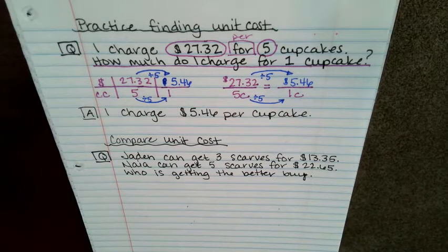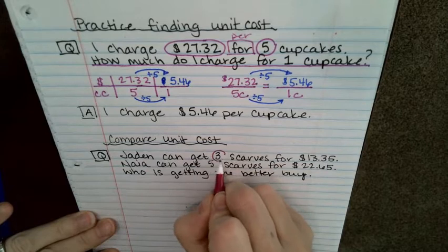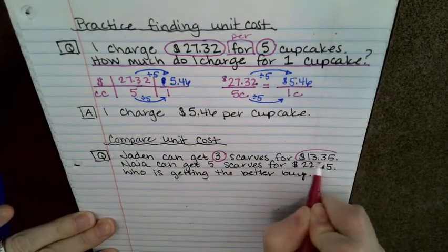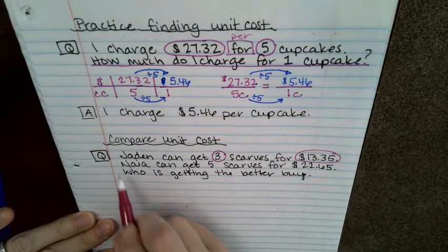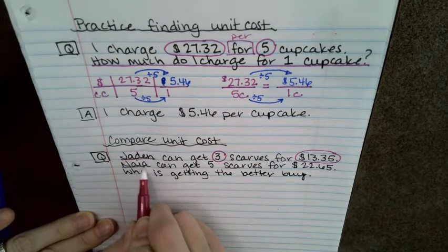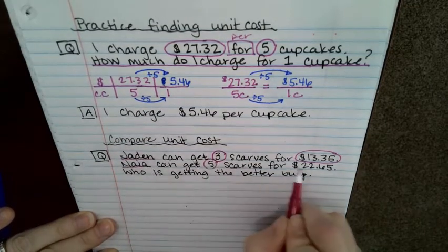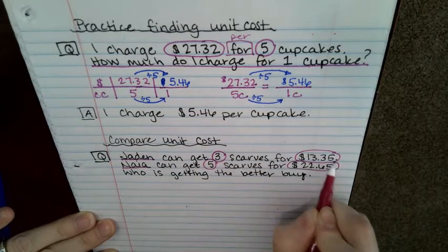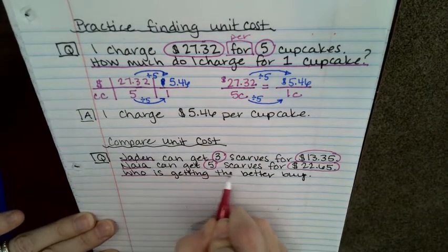Okay, so let's go through. Now we've got a couple of situations here, so we're going to be really careful. Okay, so we've got Jaden can get 3 scarves for $13.35. Okay, that's Jaden. Naya can get 5 scarves for $22.65. Who is getting the better buy?